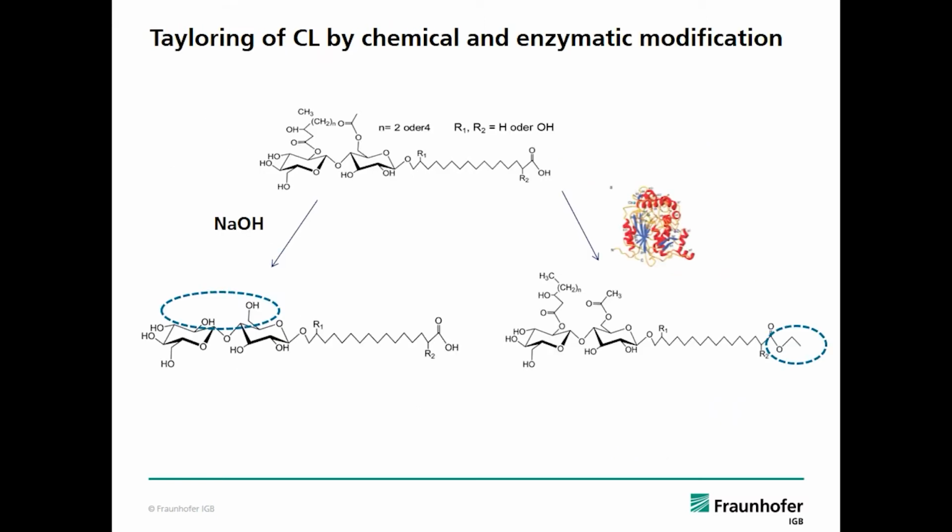However, it is also possible to obtain further variability in the molecular diversity by inducing it chemically or enzymatically. On the left side, you can see how we were able to cut off the side groups by treating with alkaline solution. On the right side, we used enzymes and were able to carry out an esterification.